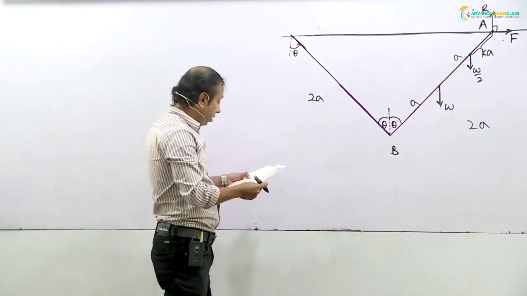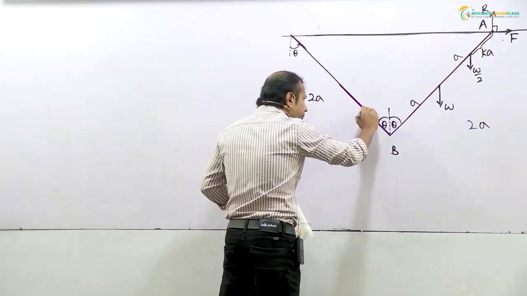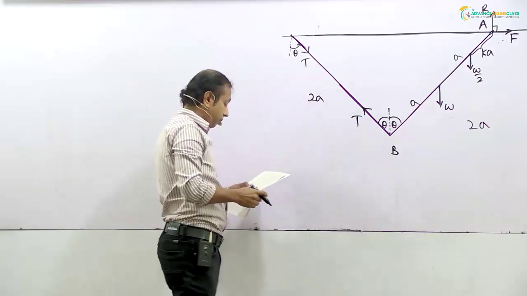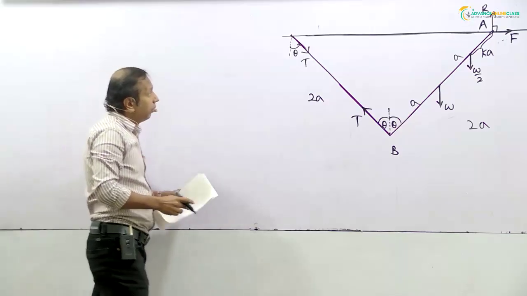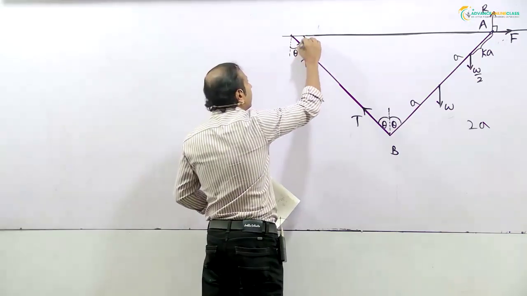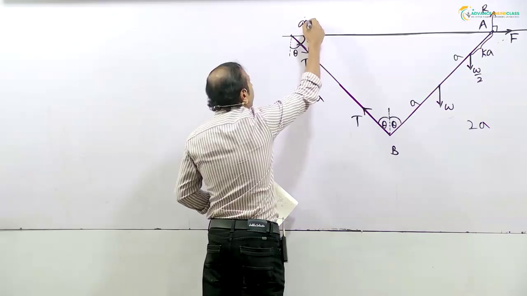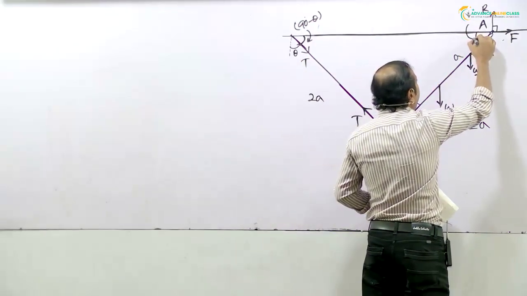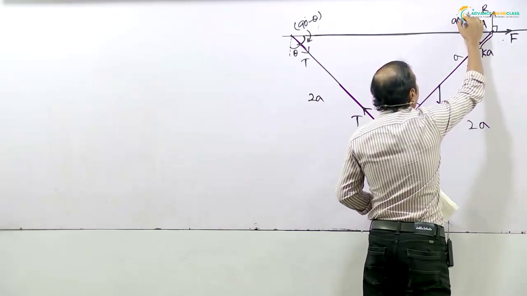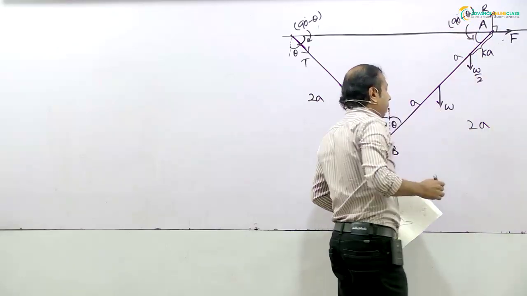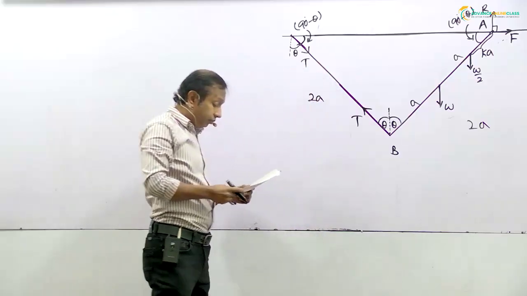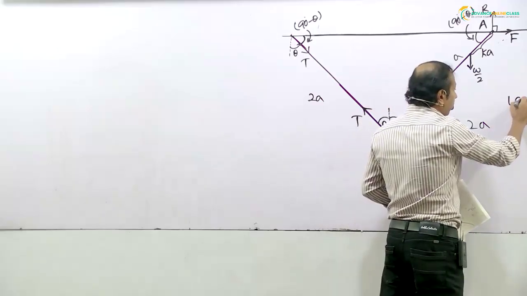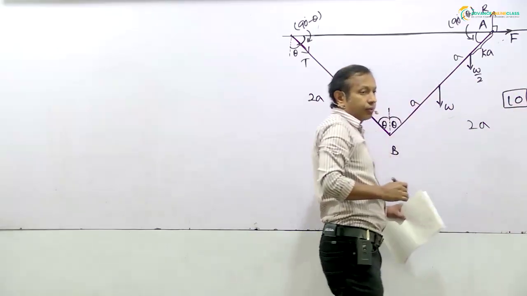Now tension T acts like this. This angle is 90 minus theta, and this also 90 minus theta. So the correct diagram with all forces marked gets 10 marks.